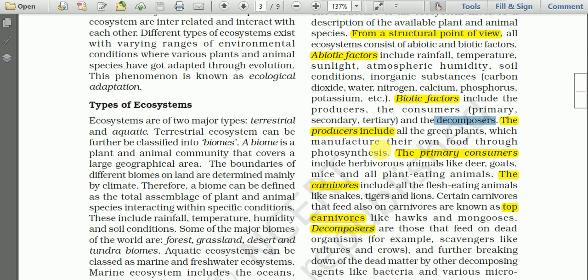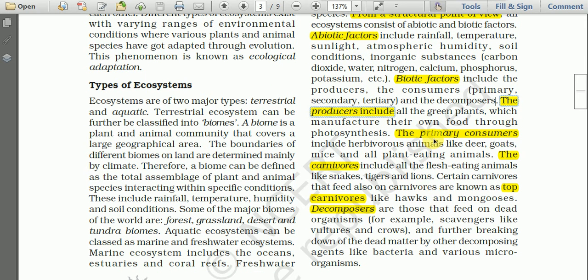Producers include all the green plants which manufacture their own food through photosynthesis. So what are the producers? Producers are those green plants which manufacture their own food through photosynthesis.